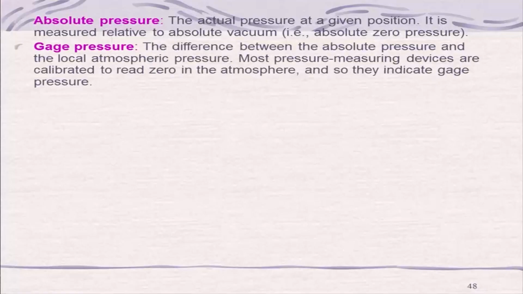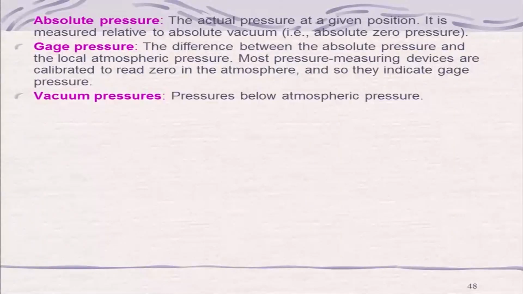Gauge pressure means the difference between the absolute pressure and the local atmospheric pressure. Most of the pressure measuring devices we use in our day to day life and in engineering measure the gauge pressure, right.